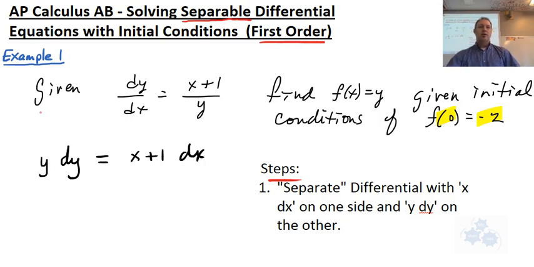That's where the elongated s, the integral sign, comes in. You integrate both sides and get rid of the differential. The integral sign and the dy are a pair, and the integral sign and the dx are a pair, so we can integrate to get rid of the dy and the dx in a sense.